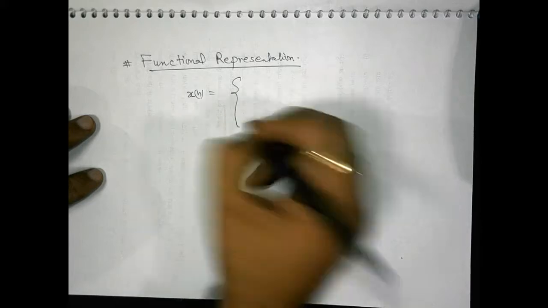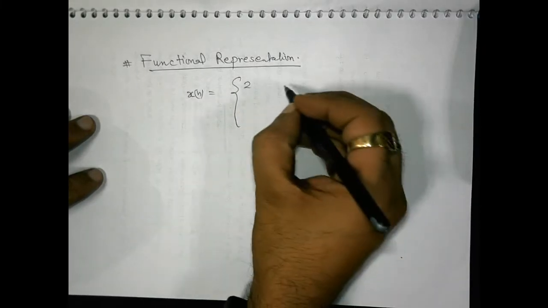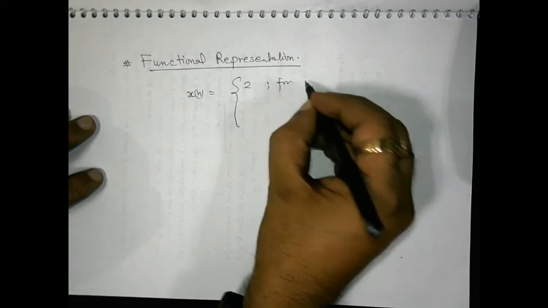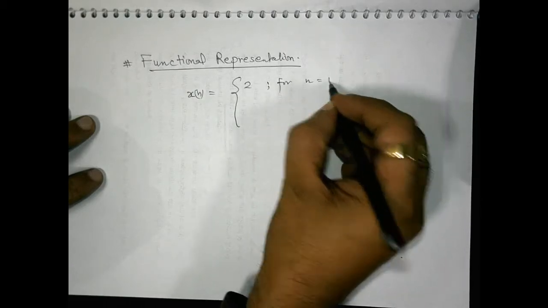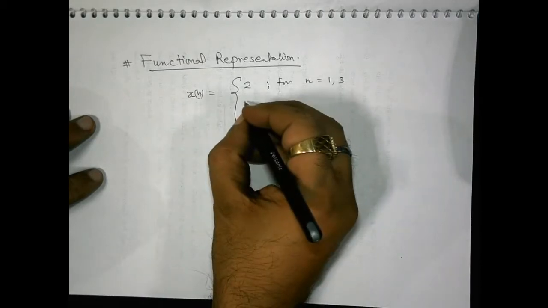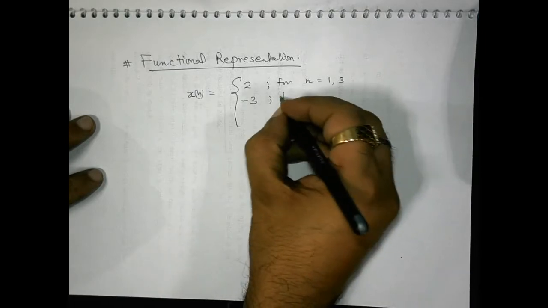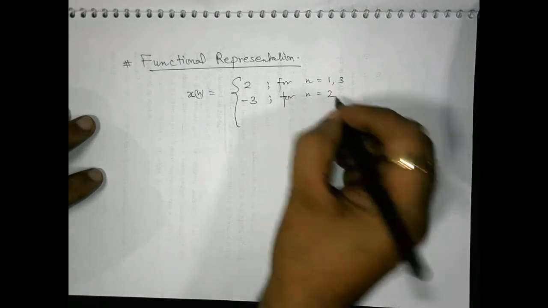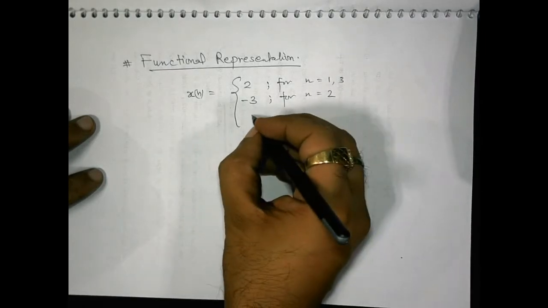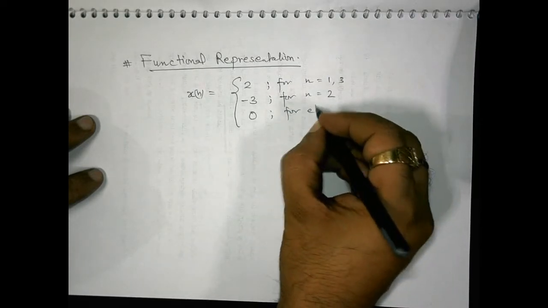Suppose x(n) takes on value say 2 when n equals say 1 and say 3, and it takes on value say -3 for n equals 2, and it takes on value 0 for any other n.